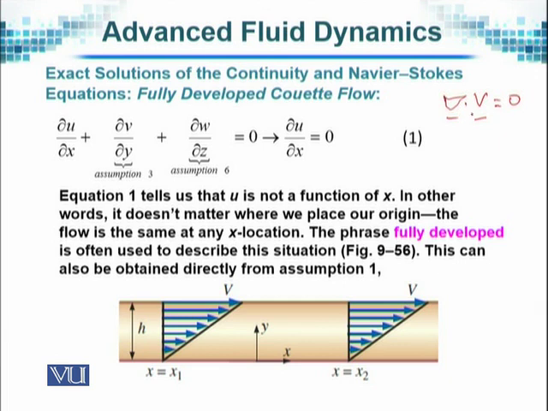So it is reduced to this, and in component form, it is equal to partial derivative of u with respect to x, plus partial derivative of v with respect to y, plus partial derivative of w with respect to z, where u, v, w are components of the velocity vector V in x, y, and z direction respectively.